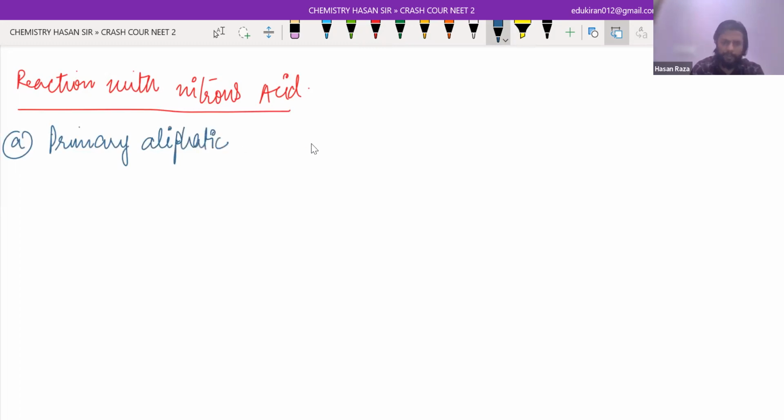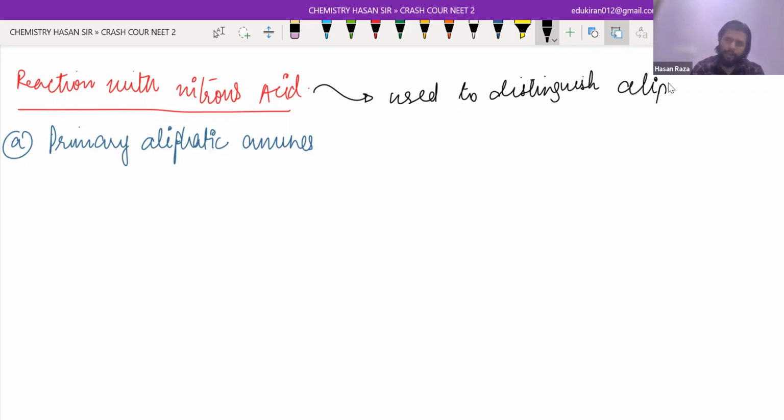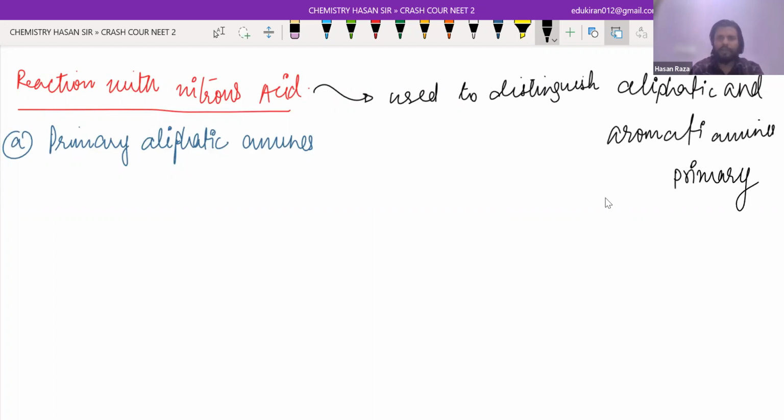If you are going to react this, first of all, this is used to distinguish aliphatic and aromatic primary amines. Aromatic amines which should be primary. So this reaction is used to distinguish between aliphatic amine and aromatic amines.